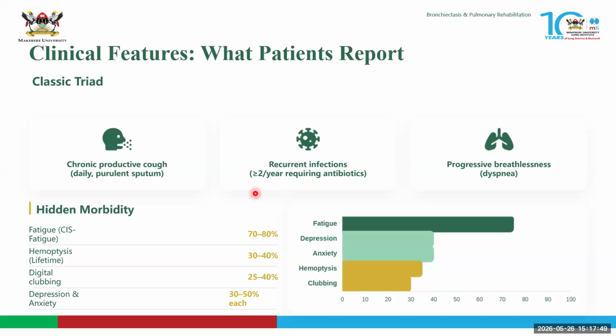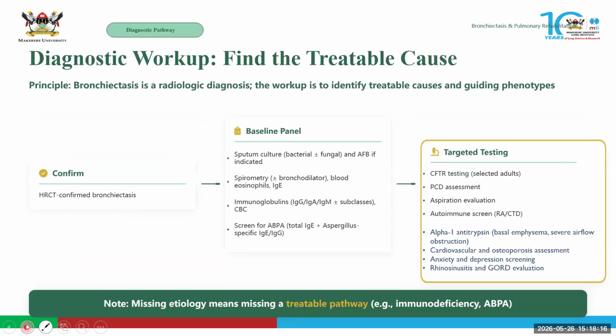They will also come with a varying degree of dyspnea. Also important, you may see patients coming in with digital clubbing as one of the presenting signs on examination. But among them, the commonest is that patients will have fatigue. Depression and anxiety may be underdiagnosed, but are also present among these patients.